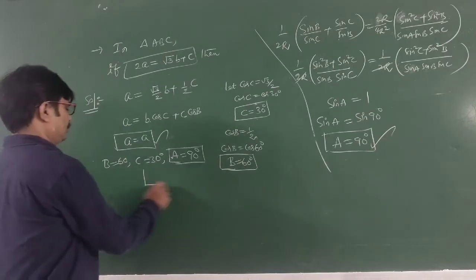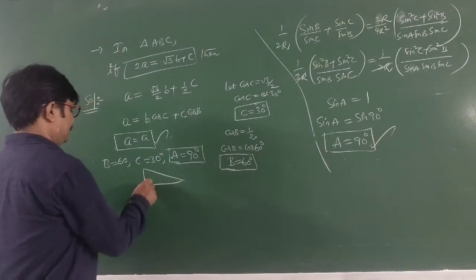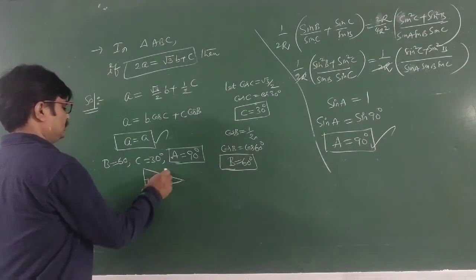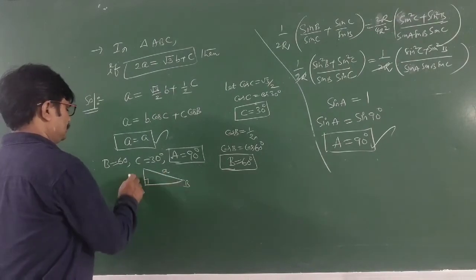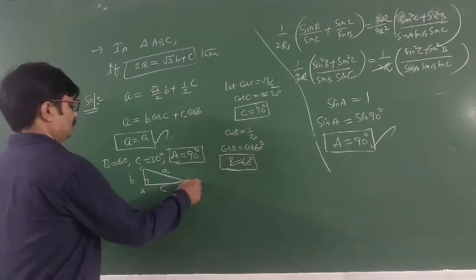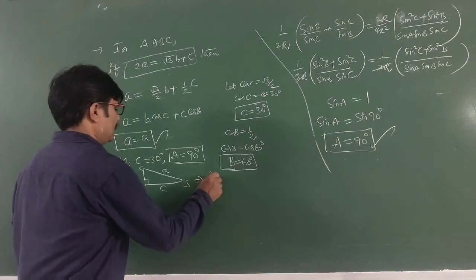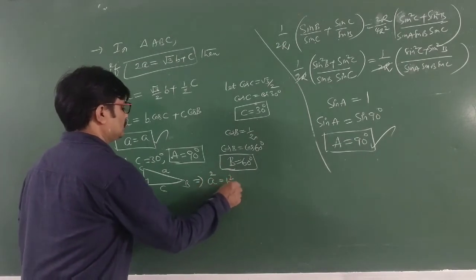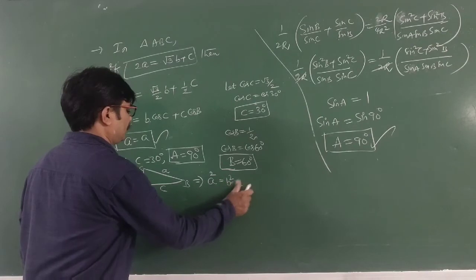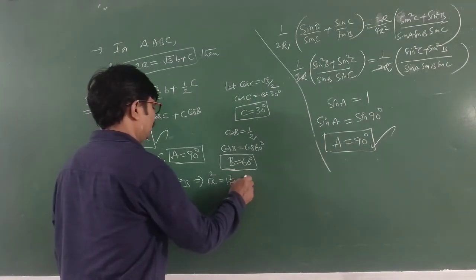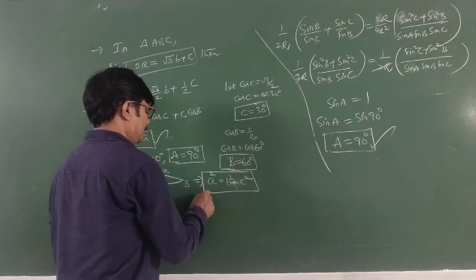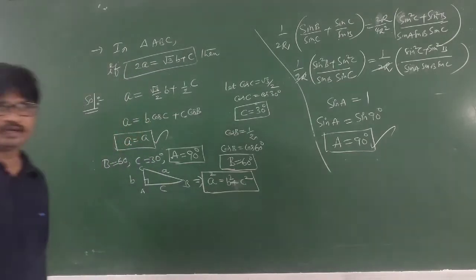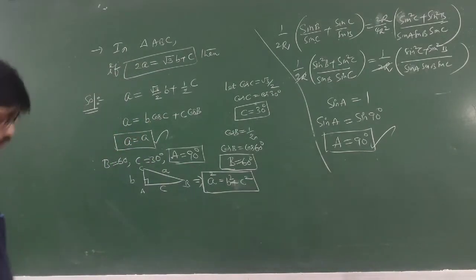When angle A is 90, this is small a, small b, and c. Now what is the condition, students? Hypotenuse square equals side square plus side square. This is our required option, that is a square equals b square plus c square. Write down, students.